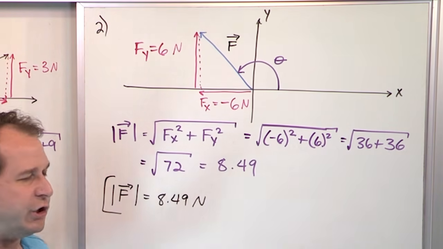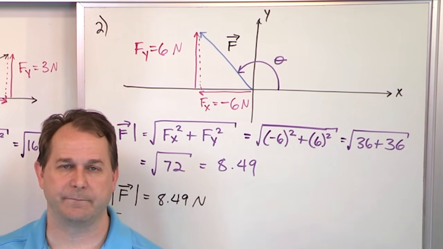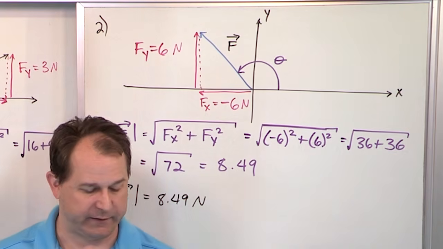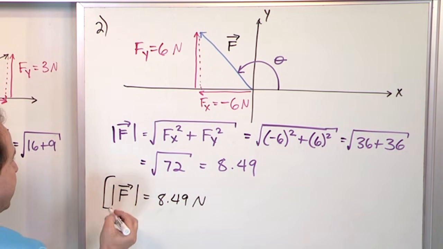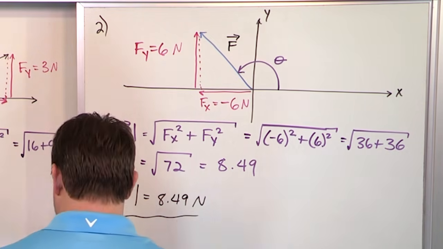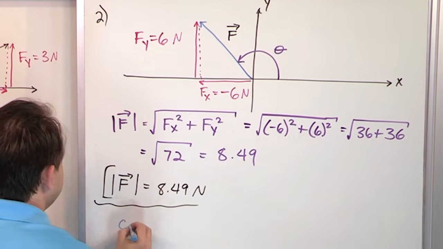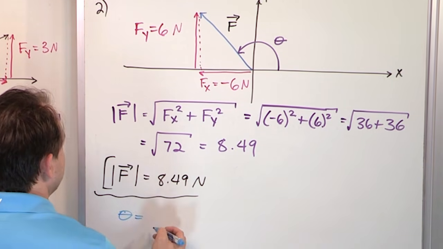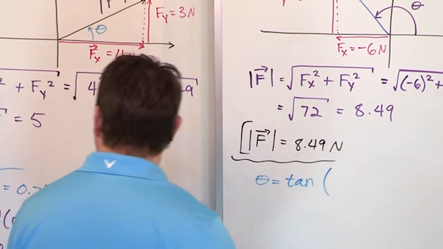How do we do it? The good news is you do it exactly the same way that we did it before. But we have to make sure to interpret the results to make sure that we're getting the right answer. So let me go and draw a little line here, and let's jump down here, and let's say this angle is going to be equal to what? It's going to be equal to the inverse tangent of, what did we do last time?